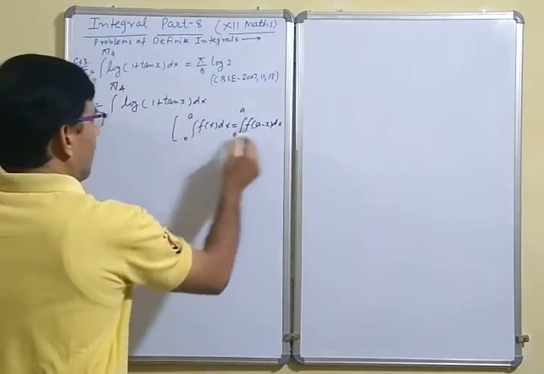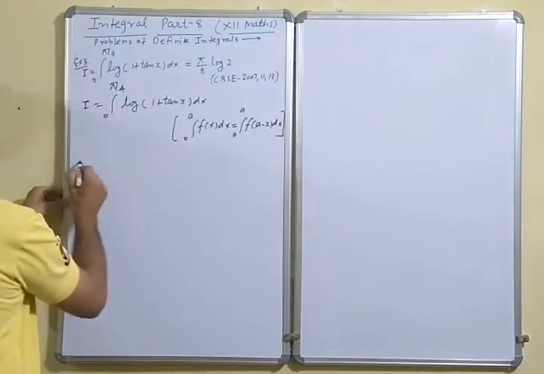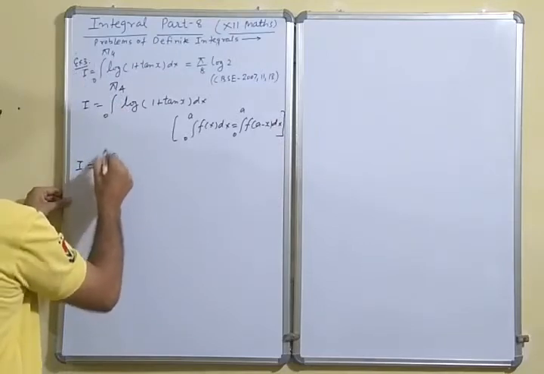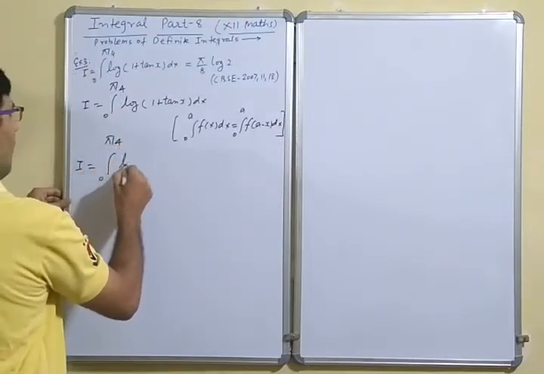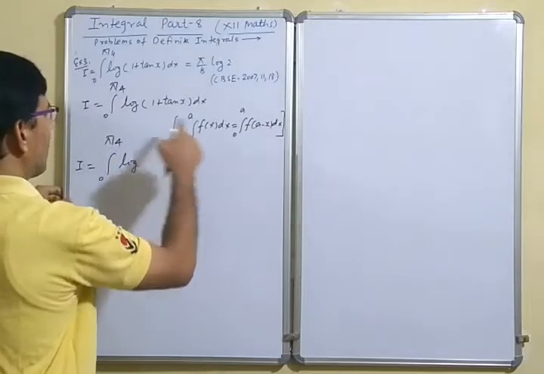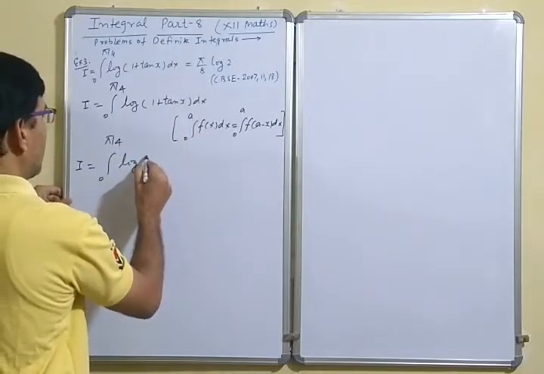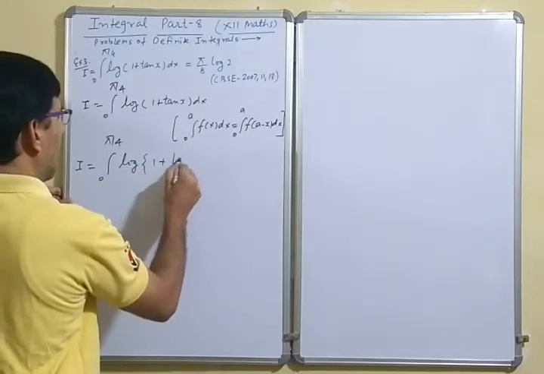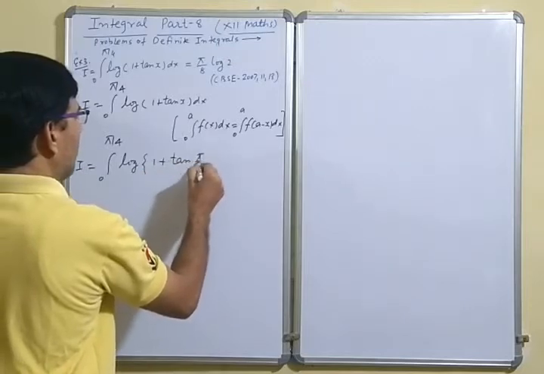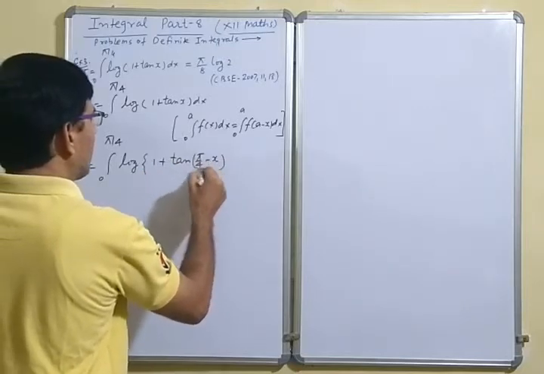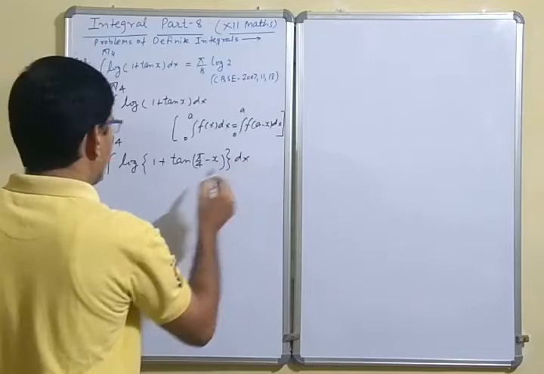This property we will use. Now what does it become? I is equal to the integral from 0 to pi by 4 of log of (1 plus tan(pi by 4 minus x)) dx.